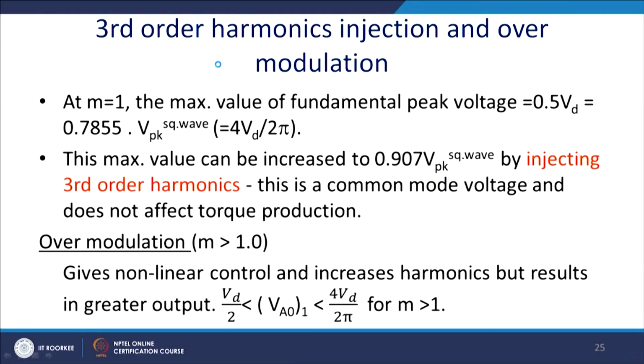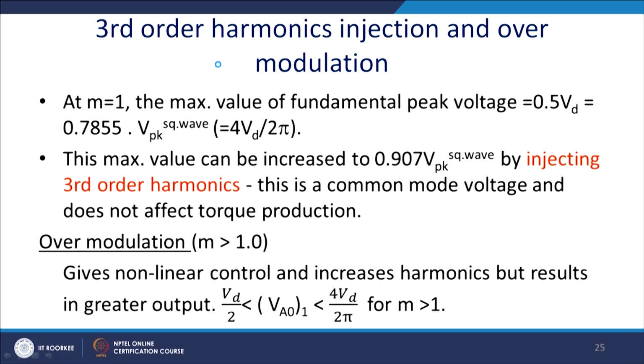These are the two basic advantages, and this third harmonic will be restricted within the system, it will not go out in the line voltages. So, at m equal to 1, you are on the verge of saturation.